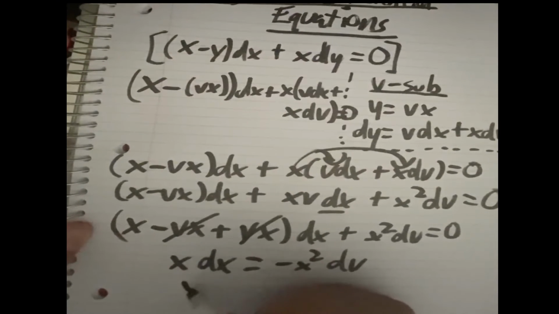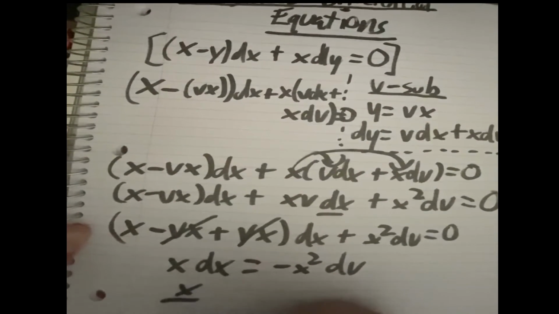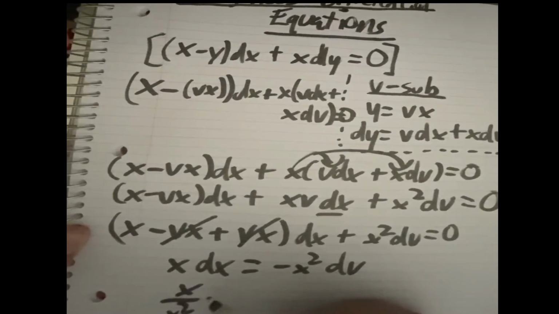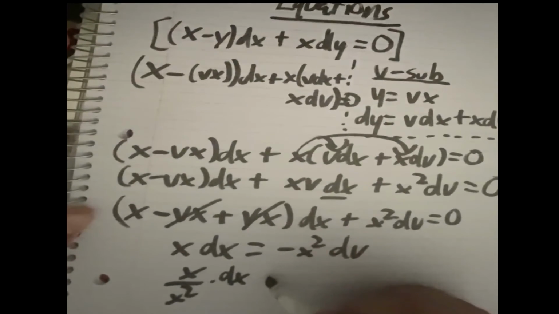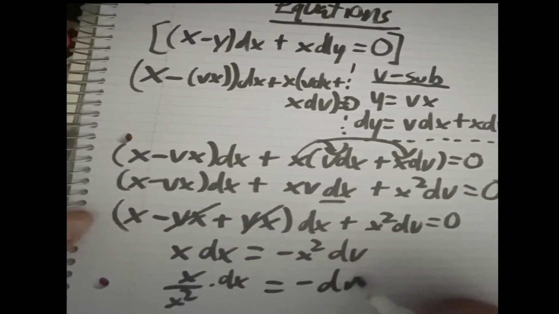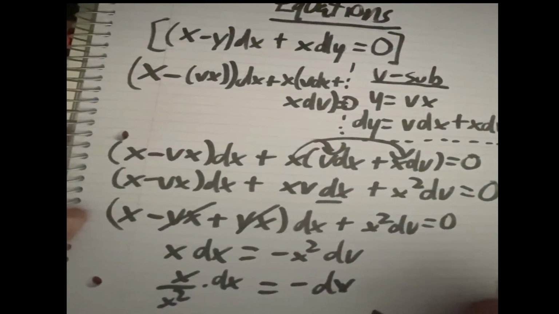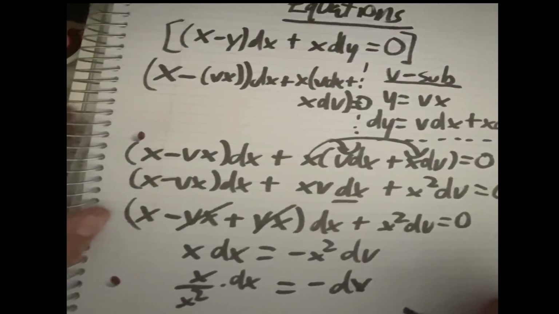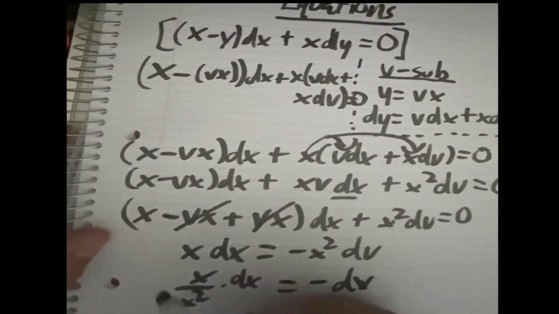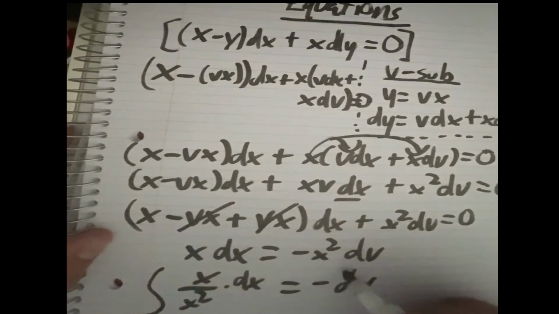So x over x squared times dx is equal to negative dv. Now you have the form of a separable differential equation. So we're going to go ahead and just integrate both sides.